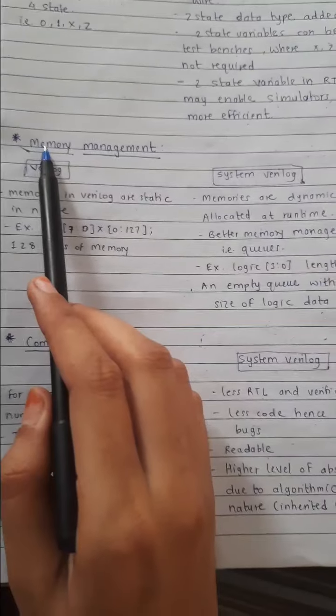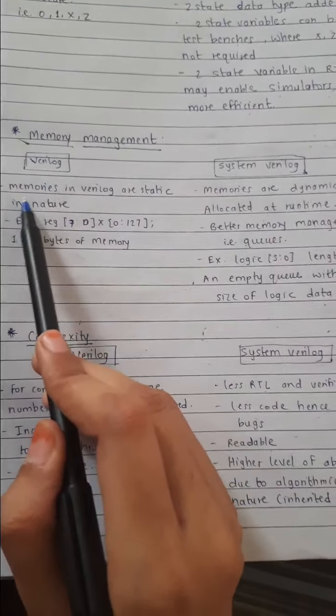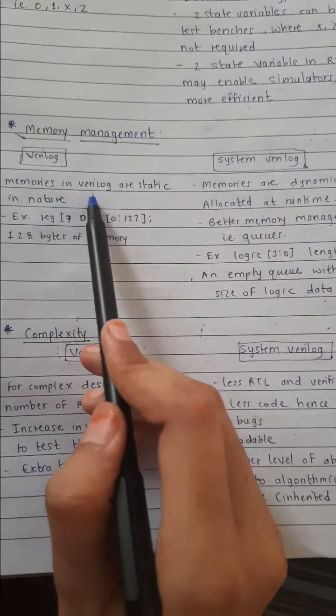What is the difference related to memory management? In Verilog, memories are static in nature, for example, register [7:0] mem [0:127], so it requires 128 bytes of memory.